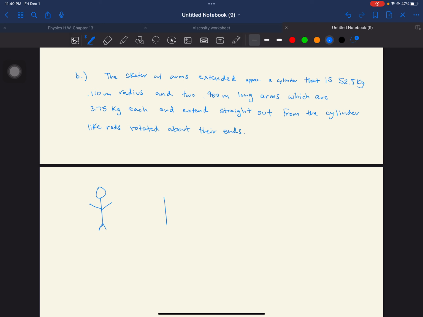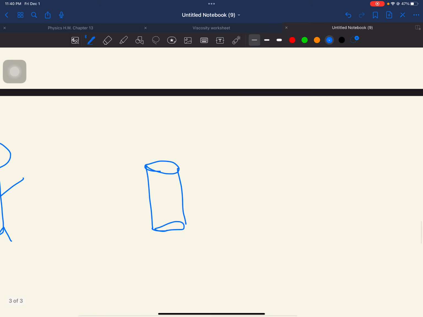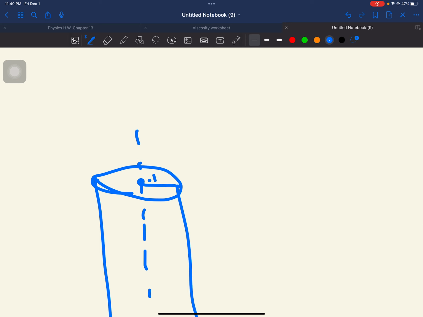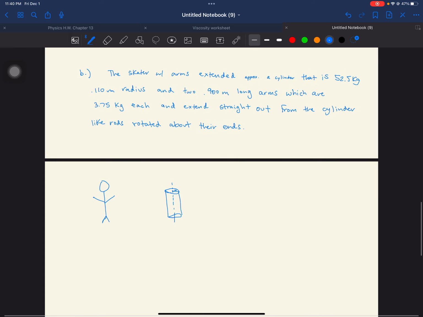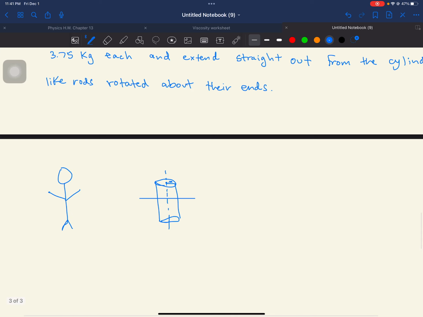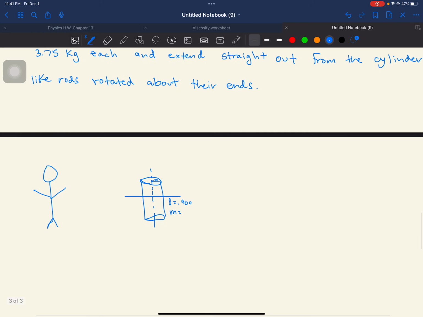So we would draw a cylinder, and then we would also draw a dotted line, draw the radius, which is 0.110, and then the length would be 0.900 for both, and the mass would be 3.75 kilograms.